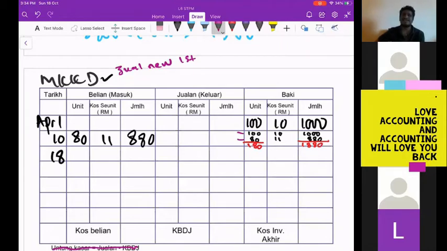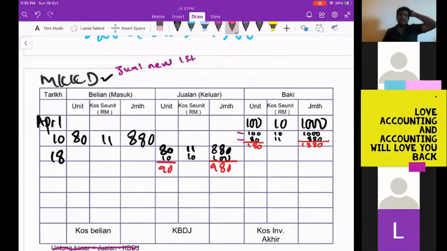Yes. But we still need another 10. Another 10 you take from where? 100. Very good. So the 80, I sell everything with the price of 11, 880. And then another 10 I take from the 100, which is 10 ringgit. So total up 980, 90 units.